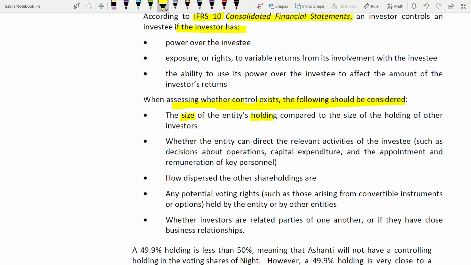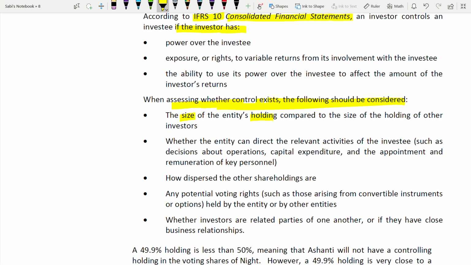Second, whether the entity can direct the relevant activities of the investee, such as decisions about operations, capital expenditure, appointment and remuneration of key personnel. That is, whether they can have a say over the activities of the investee.